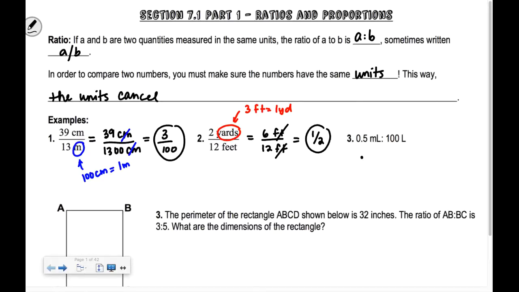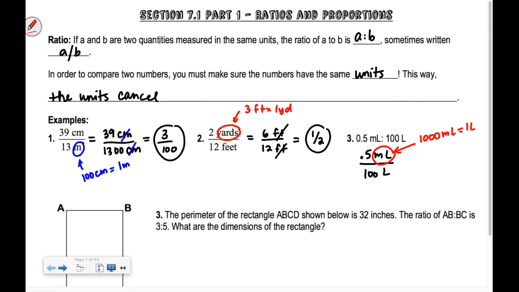All right, so I have 0.5 milliliters over 100 liters. So do you guys know how many milliliters are in a liter? You need to know this for chemistry. Are a lot of you taking chemistry next year? Yeah, so what do you think? 1,000, yep, exactly. Like millennium? So 1,000 milliliters is equal to 1 liter.